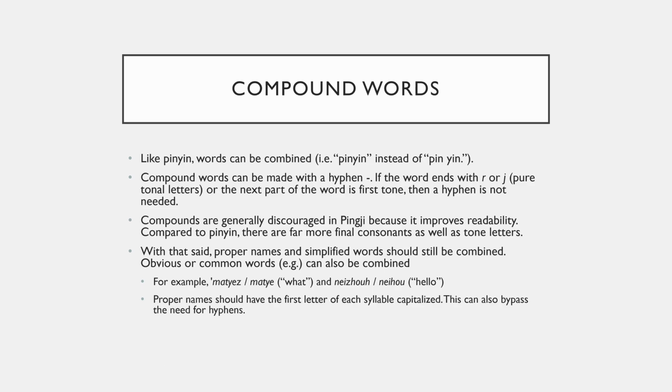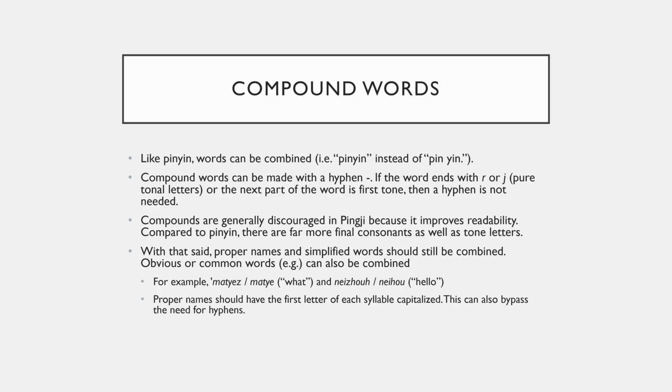So what we can do is use a hyphen. In some instances, if the word ends with an R or ends with a J, or if the next part of the word starts with an apostrophe, then you can skip the hyphen. But in general, I would say compounds are kind of discouraged in Pingji because it's just harder to read when you mush things together. That said, many proper names, you should definitely combine them.